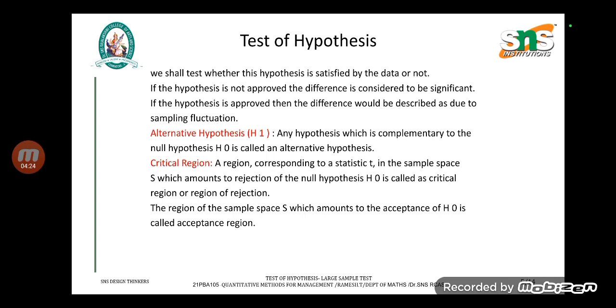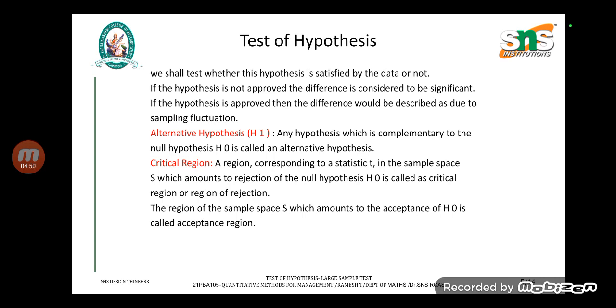A region corresponding to a statistic in the sample space S which amounts to rejection of the null hypothesis H0 is called a critical region or region of rejection. The region of sample space S which amounts to acceptance of H0 is called the acceptance region.